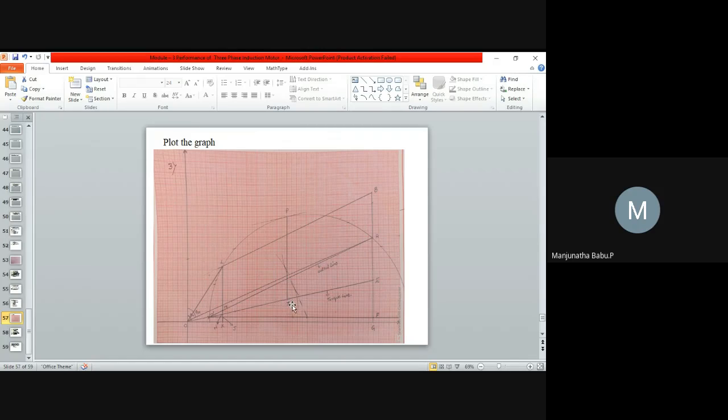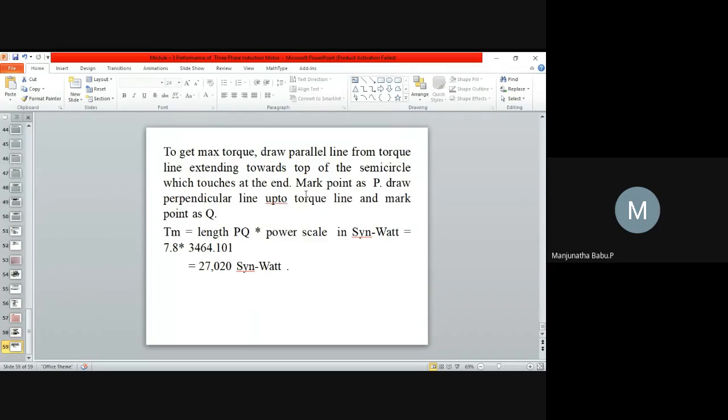Here mark it as Q. I have marked it as T, but as per the procedure it will be represented as Q. So length of PQ into the power scale gives you the maximum torque. Length of PQ is 7.8 centimeters and the power scale is 3464.10.